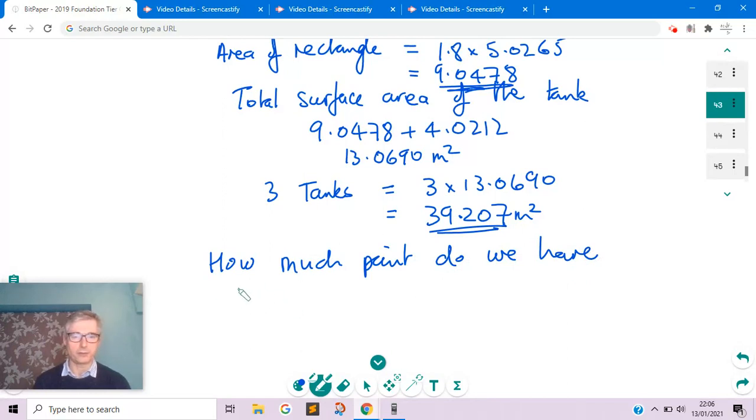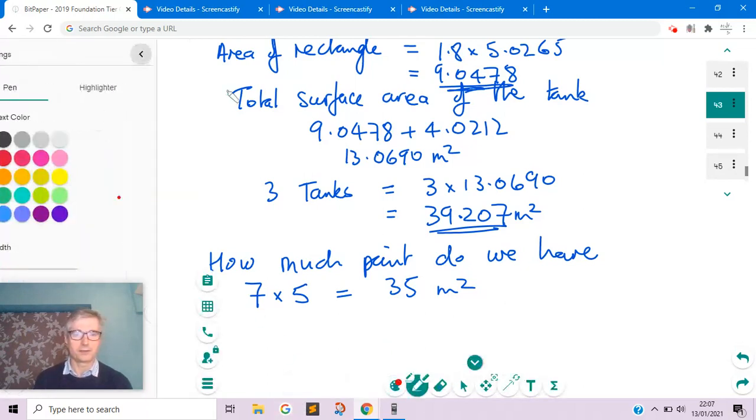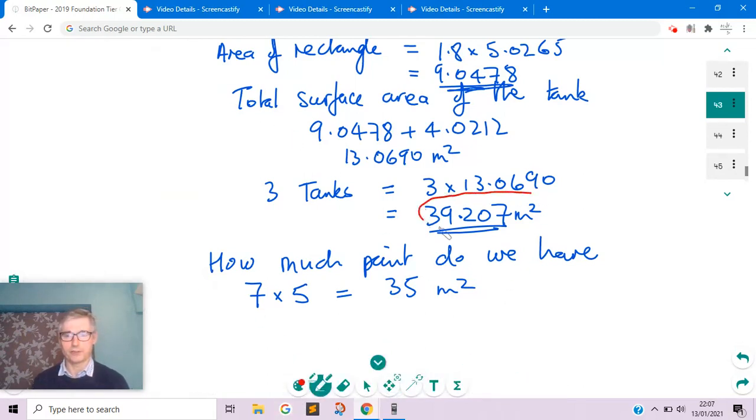And the answer is we've got 7 times 5, and so that's 35 meters squared. And so we can see, we're comparing these two figures, and we can see we've only got 35 meters squared, but we've got to cover 39.